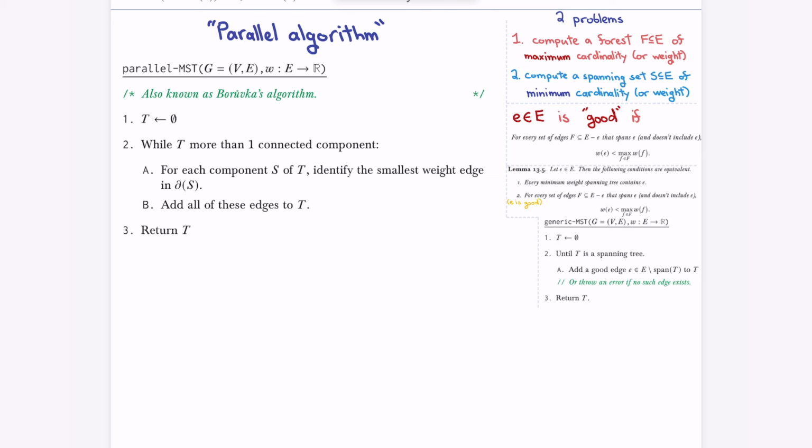By the time I take those edges and contract them, how many vertices are left? At most what? N over 2. Because every vertex in the new graph had at least two vertices from the original graph. Maybe more if there's a long chain.